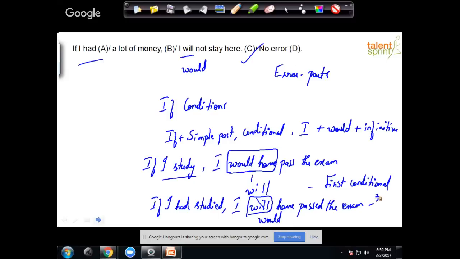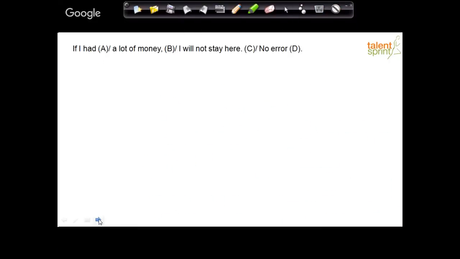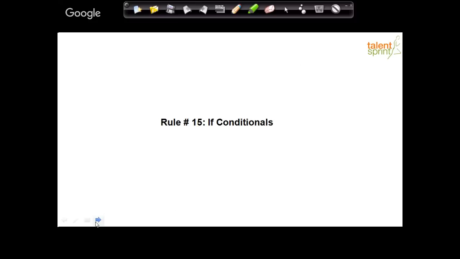This is the third conditional. So you just need to be able to use them according to the context and which conditional it is, first, second, third. So that's your final error. Rule number 15, if conditionals. You need to be familiar with all the rules pertaining to if conditionals. Clear? Let's stop here.